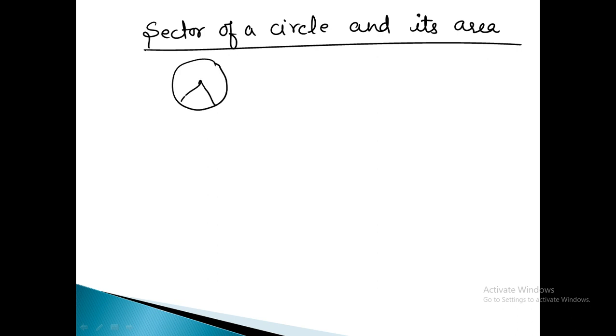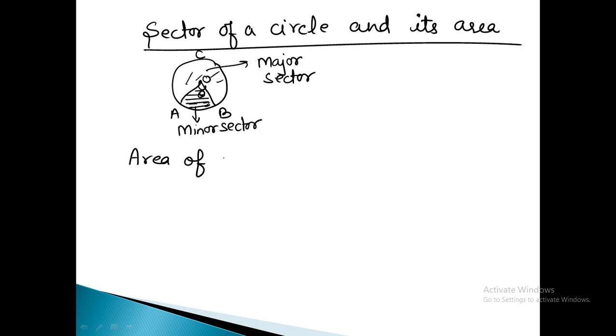Between these two radii, this portion is known as the sector, and this is the minor sector and this portion is the major sector. A, O, B, and this is C. When we have to find the area of the minor sector, we will use theta over 360 degree multiplied by pi r square.